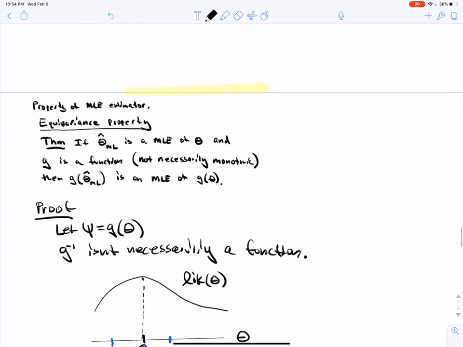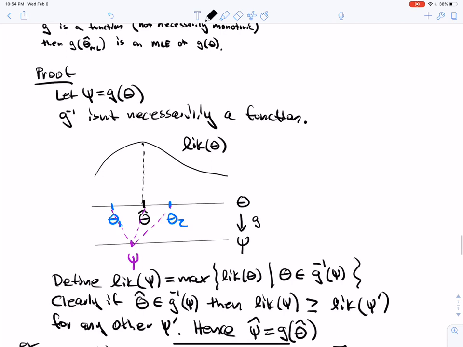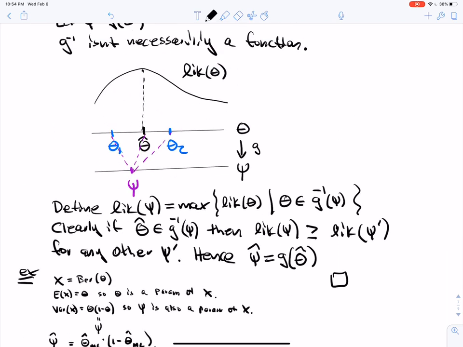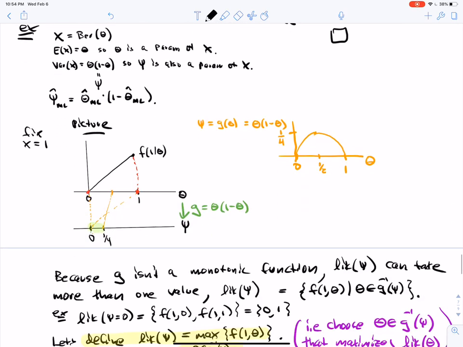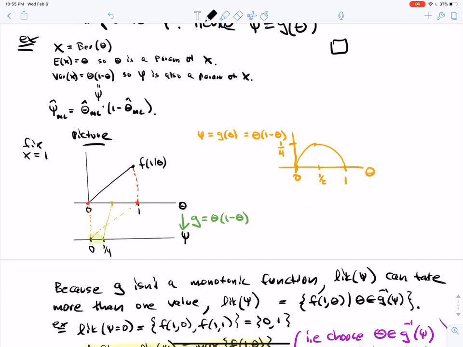Okay. Well, I wrote another proof here, but it's all the same. So here's just an example. Say x is Bernoulli theta, so the expectation of x is theta, so theta is a parameter of x, and the variance of x, which is theta times 1 minus theta, is also a population parameter of x, right?